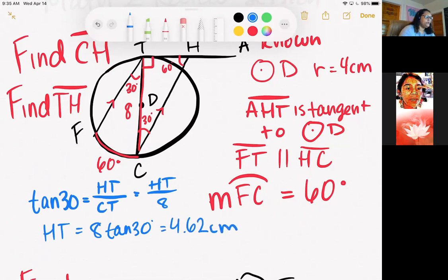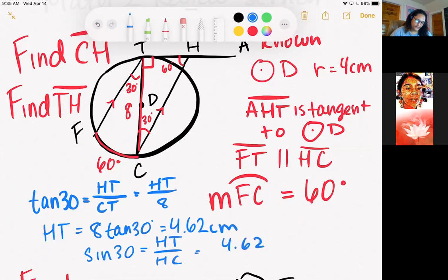And then you said to use sine for CH? Yeah, you can use sine or cosine because now you have the two legs. Oh, and you could also use the Pythagorean theorem. So let's do sine of 30 equals opposite over hypotenuse, which equals 4.62 over HC.